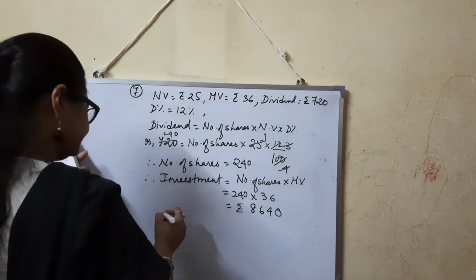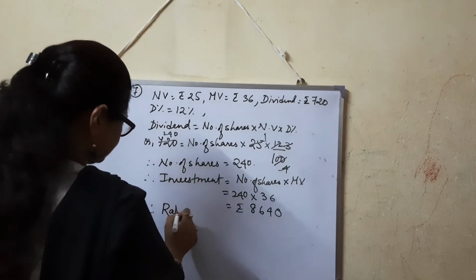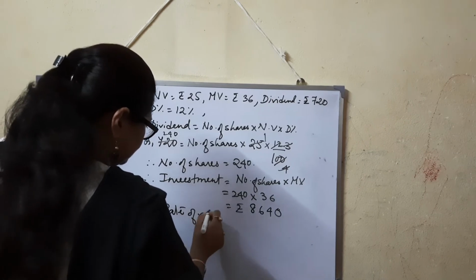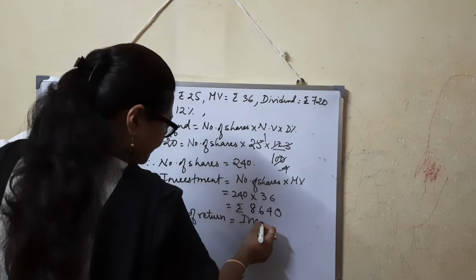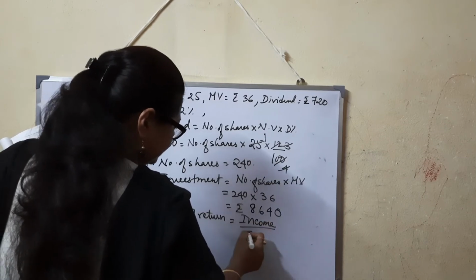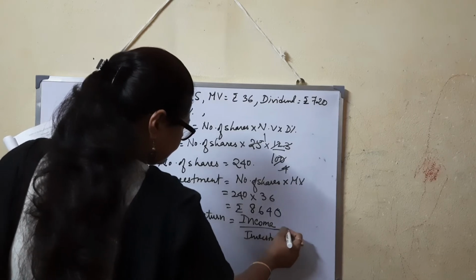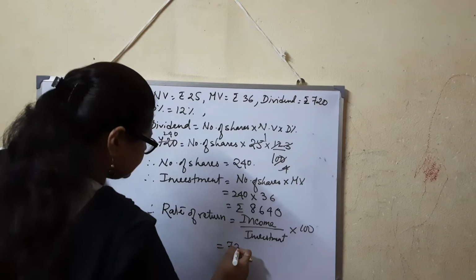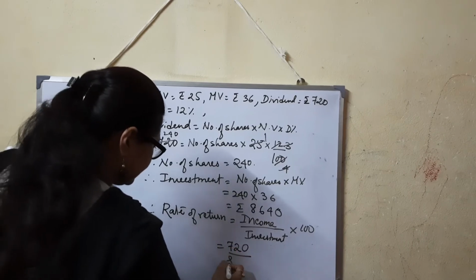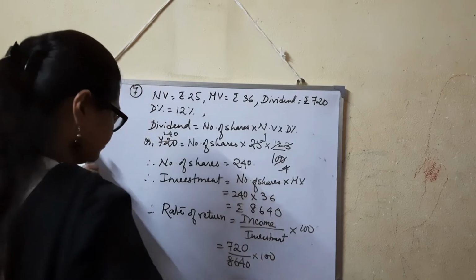Then they have told you the last part, also find the percentage return on his income. So I get, therefore, percentage return or rate of return, whatever. What is the formula? Income by investment into 100. So what is the income? 720. Investment is 8640 into 100. So what do we get?